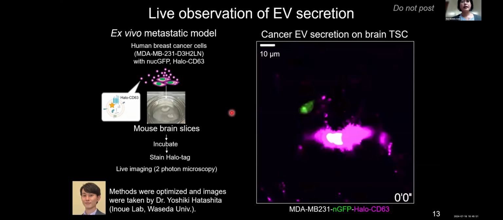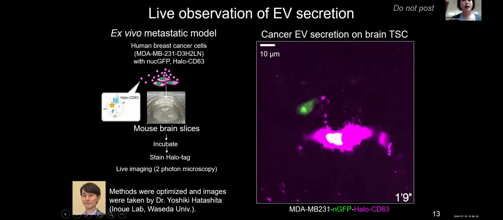For establishing this brain metastatic model, all kinds of optimizations, like the preparations, seeding conditions, culture conditions, and also the observation conditions, were thankfully performed by Dr. Hatashita, a former PhD student at Dr. Inoue's lab. So this is the live imaging of the cancer cells secreting these breast EVs on this brain metastatic model.